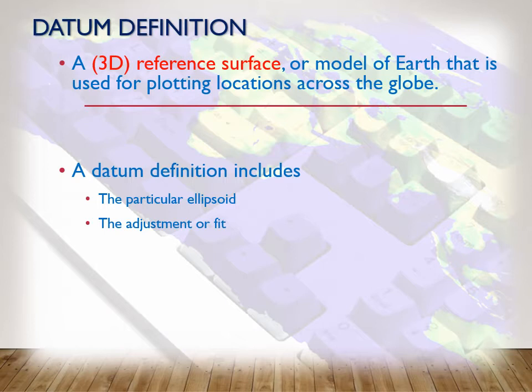So it's a reference surface that we use to sort of pin down the exact locations of certain features of the Earth so that we can plot our data, and all that data will be aligned with these reference surfaces. So a datum includes an ellipsoid and then some kind of adjustment, and we'll talk about that in a second.